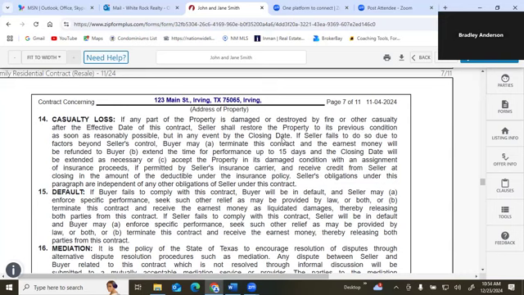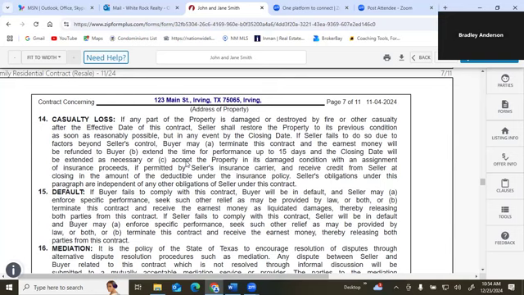If the seller fails to do this, due to factors beyond the seller's control, buyer may have a couple of options. They can terminate and the earnest money will be refunded, or they can extend the time to perform. Performance is closing, right? Up to 15 days after the closing date, or just say, whatever, I accept the property as it is.